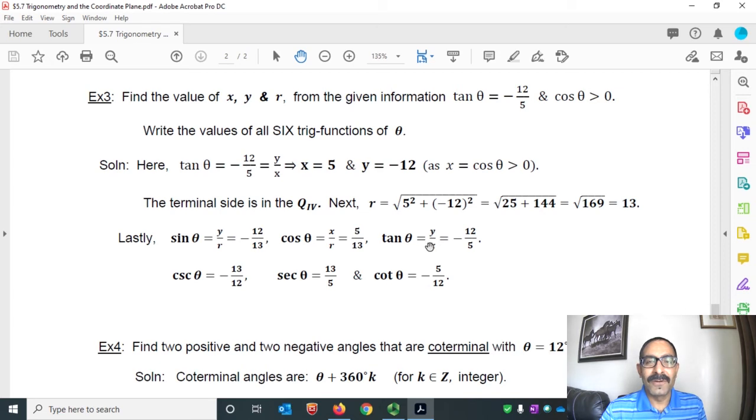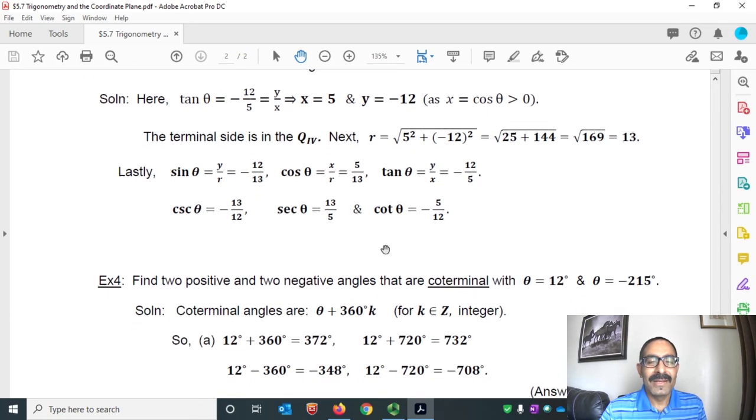Then using the formulas, we can easily find the values of the 6 trigonometric functions. So lastly, sin theta is y over r, that means negative 12 over 13. Cosine theta is x over r, so x is 5, r is 13. Now tan theta is y over x, which is given to us, negative 12 over 5.